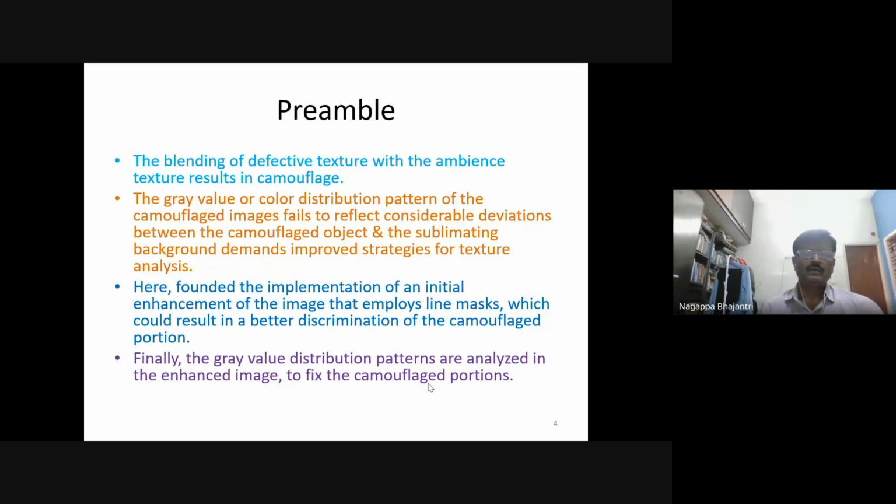Eventually, the gray value distribution pattern is analyzed in the enhanced image to fix the camouflage portion. So make zones, make a boundary, a defect portion or non-defect portion, make a segmentation so that we can reveal that there is some portion hidden in the background.